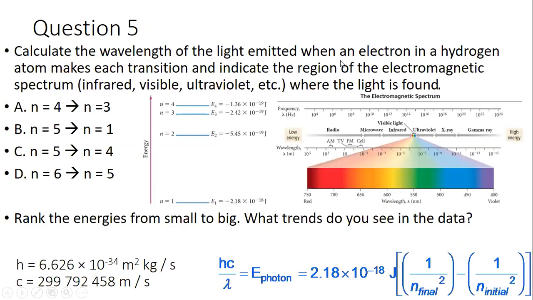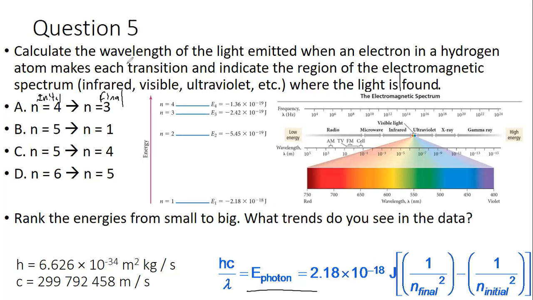So I will do A. Here in question 5, all I'm asking you is to calculate wavelengths of light, and I'll do A for us. The equation we want to use is on the bottom, right here. In A, I'm going from 4, so 4 is my initial, and 3 is my final.